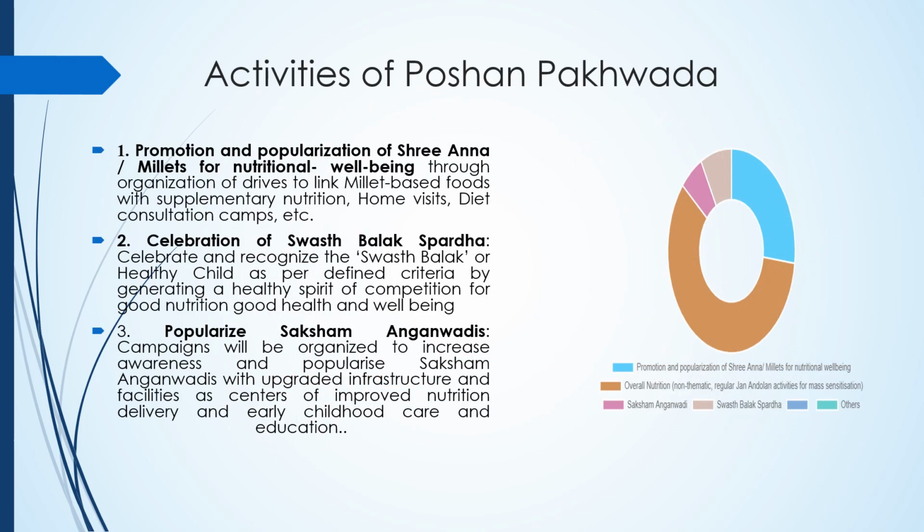Under the Poshan Pakhwada, a lot of activities are carried out to bring awareness about nutrition, promotion and popularization of Shri Anna, where people get awareness about millets, including local produce, for the reduction of malnutrition.